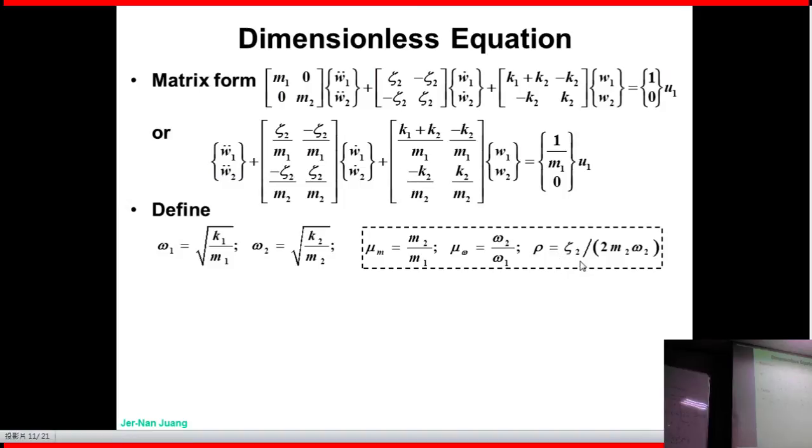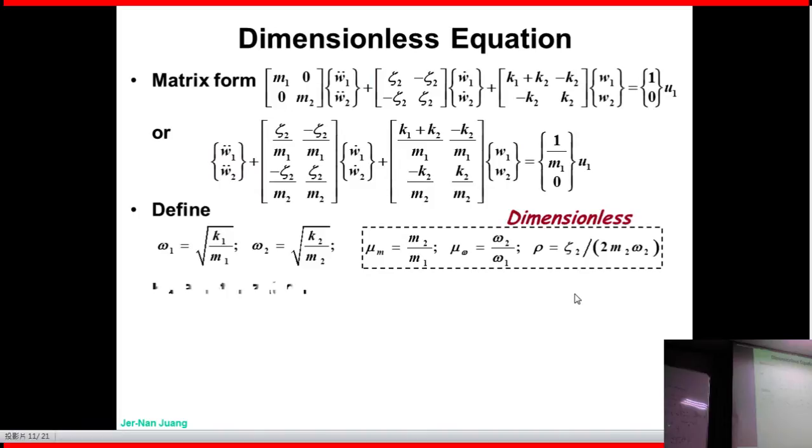Then I have a rho. That's the damping ratio, which is dimensionless too. Now, this is the damping ratio of your tuned mass damper, and exactly the same as what we talked about before. So all these definitions are nothing new, just based on whatever we already learned from our single degree of freedom system.